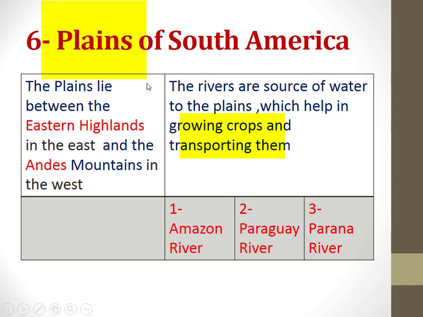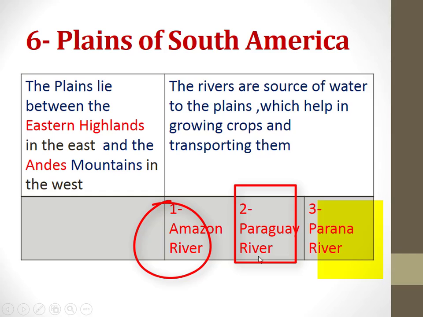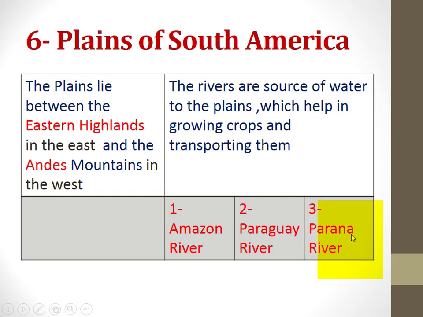So we have here in the middle of these plains, what is running there? Some rivers. What are they? Amazon River, you have Paraguay River, you have Paraná River. When we say a question, why the rivers are so important to the plains, you can say the rivers are a source of water to the plains, which will help in growing crops and transporting them, right?